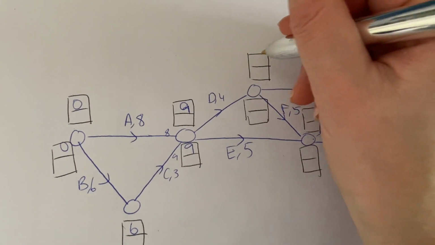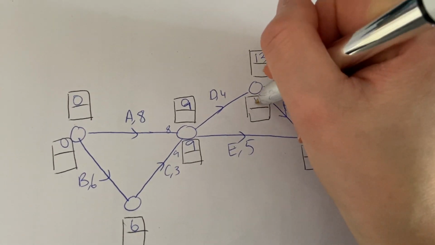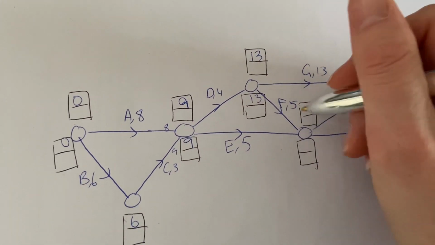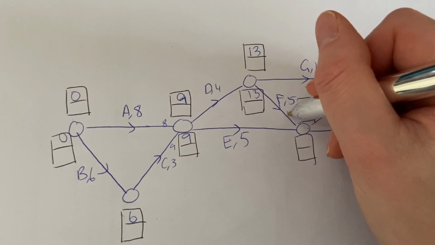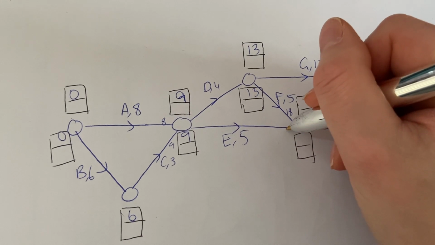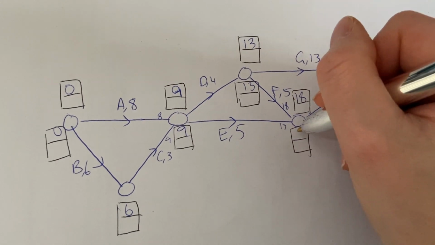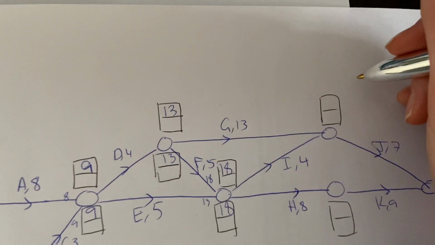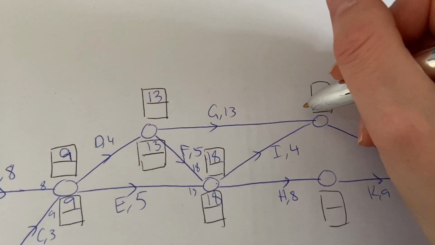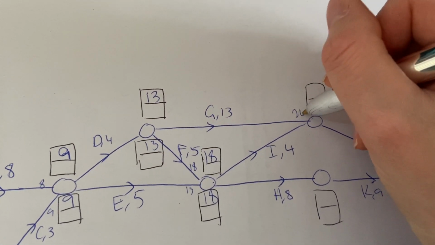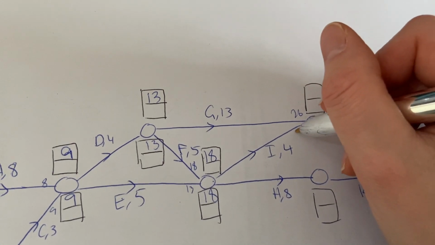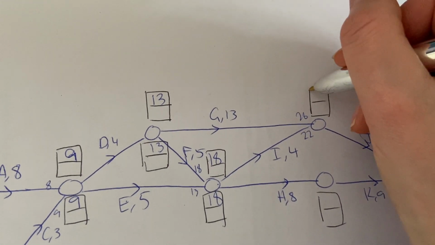9 plus 4 is 13. 13 plus 5 is 18. 9 plus 5, 13. So 18 is the biggest. 13 plus 13 is 26. 18 plus 4 is 22.